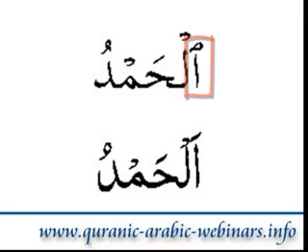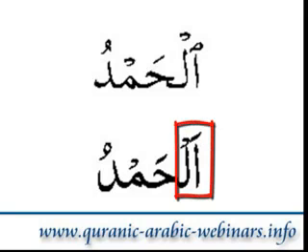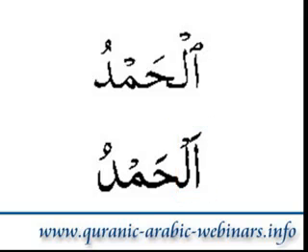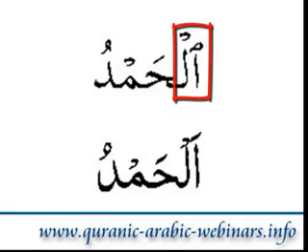Now in the Majidi script, in order to make it easy for those people who are not Arab and do not understand grammar, they change the hamzatul wasl so it looks like an alif with a fathah. So they put a fathah on there so you know how to pronounce it, because the definite article at the top should be read as al.